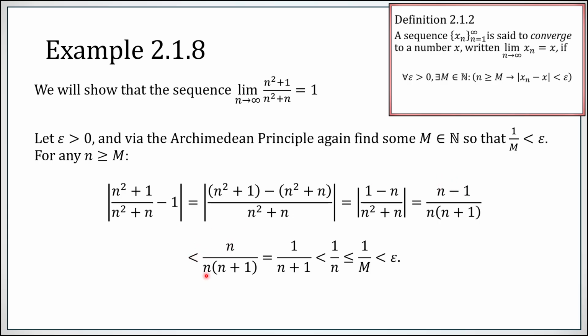I can then cancel these n's and get 1 over n plus 1. Since n plus 1 is bigger than n, 1 over n plus 1 is less than 1 over n. n was at least as large as M, so this is less than or equal to 1 over capital M, but 1 over capital M was less than epsilon. Altogether, as long as our index is bigger than or equal to this cutoff, again, that was given by the Archimedean principle, the terms of our sequence minus the proposed limit in absolute value has to be less than epsilon.